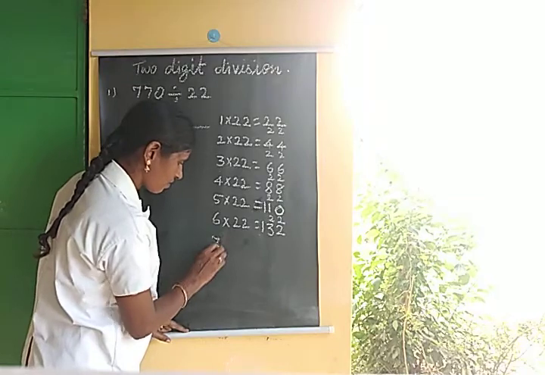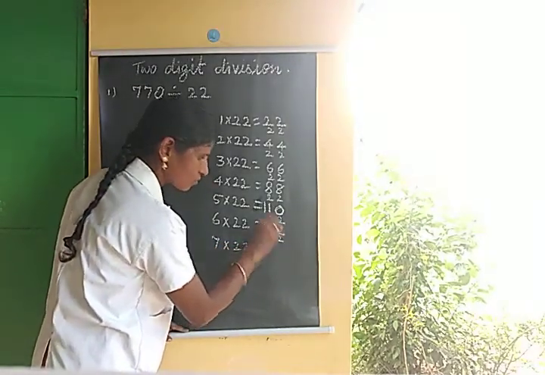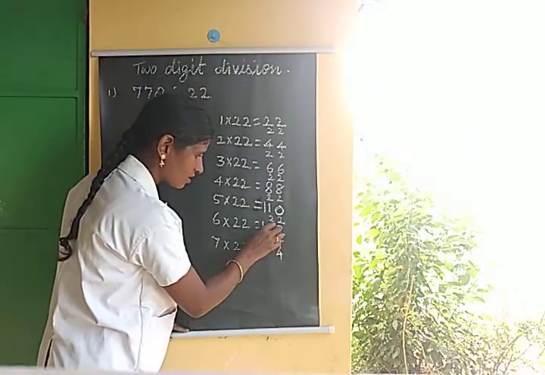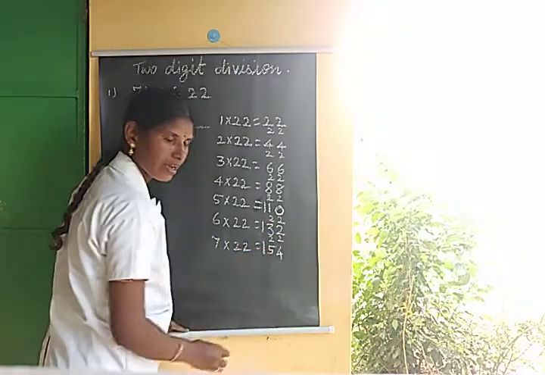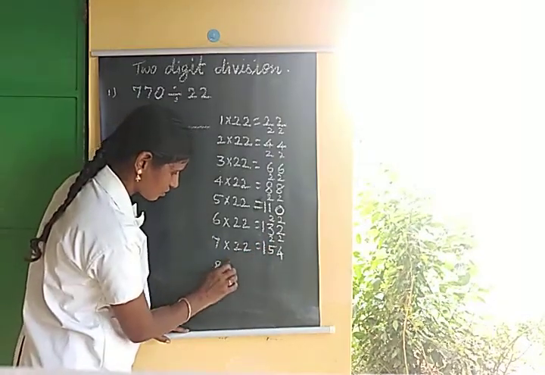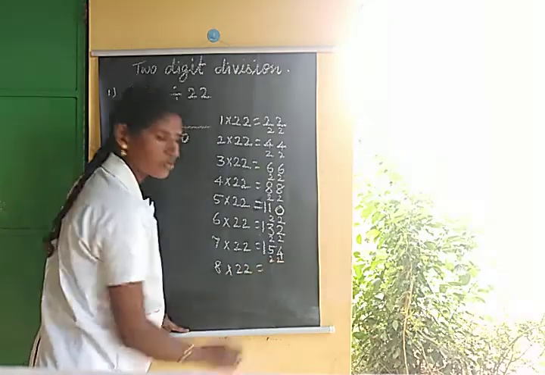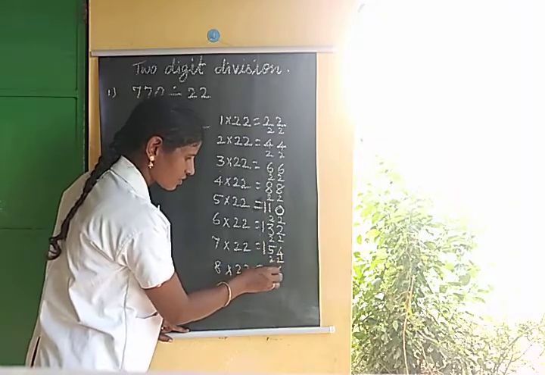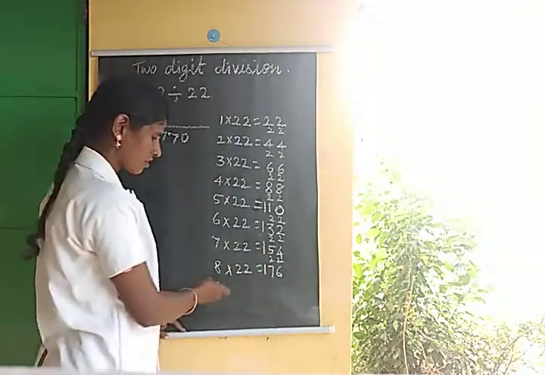Next, 7 22s are. 22, add: 2 plus 2 is 4, 3 plus 2 is 5, and 1, so 154. Then 8 22s are. Write 22 here. 4 plus 2 is 6, 5 plus 2 is 7, and 1, so 176. And I am stopping at 8.